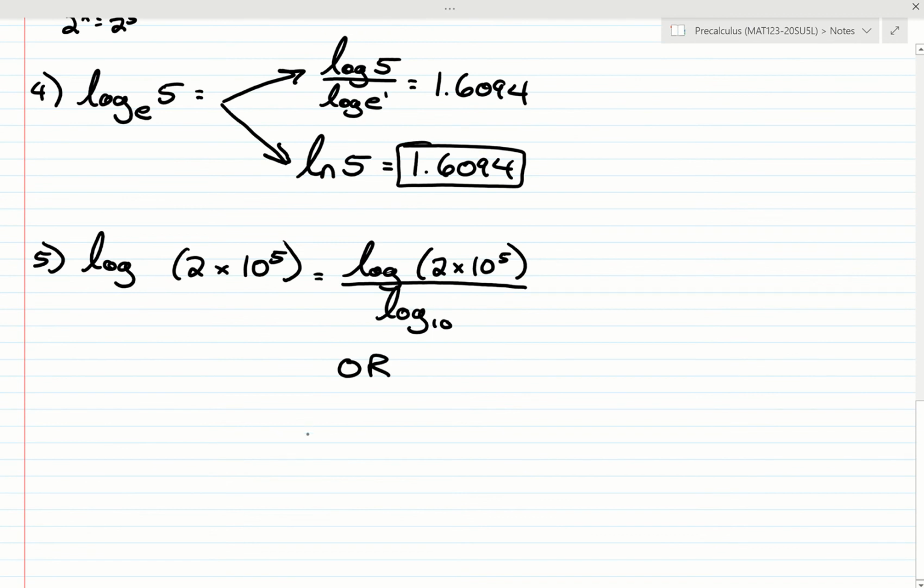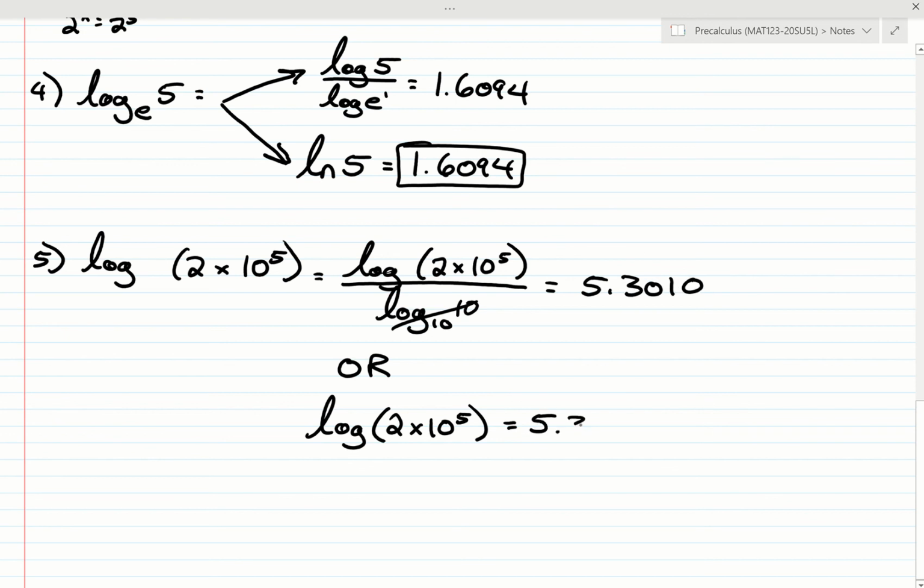We could just type into our calculator this problem as it is, log of 2 times 10 to the 5th, because we know log base 10 is really just 1, right? So that wouldn't even be necessary. So let's see what this is. Log of 2 times 10 to the 5th. No matter which one you type in, you will get 5.3010, and that's our answer.